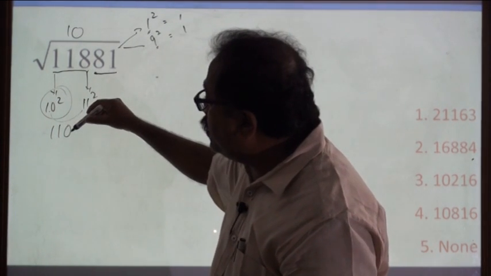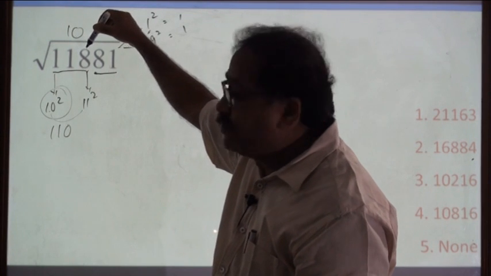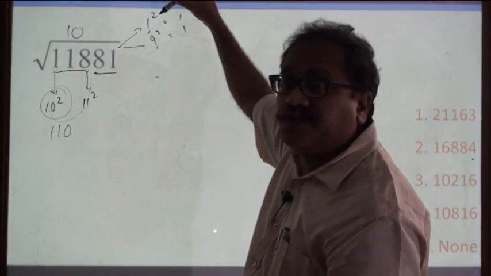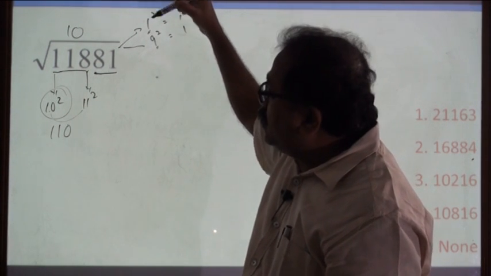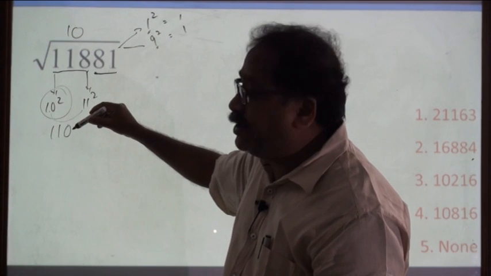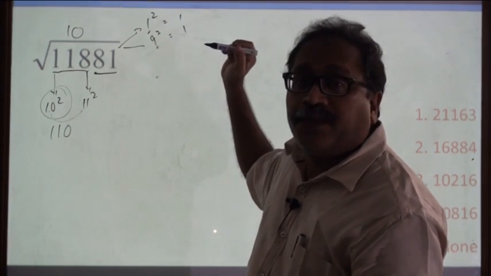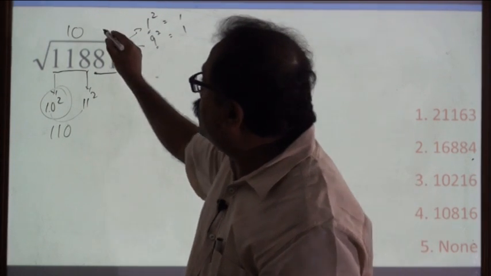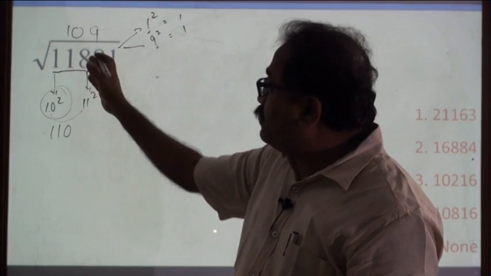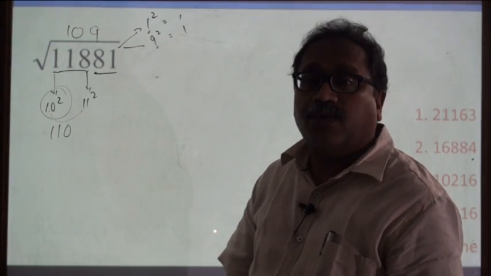If 118 is less than 110, then I will take the smaller number. Now as 118 is greater than 110, therefore I should take the higher number, which is 9. So here it's a 9. So I will replace this 11881 by 109.